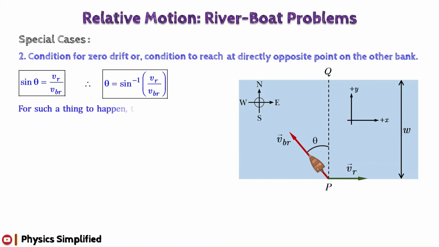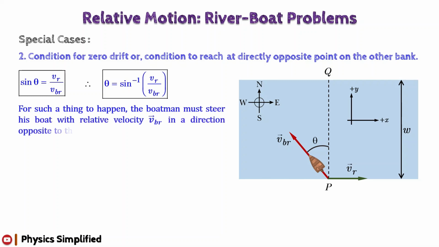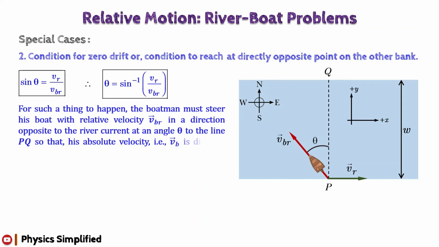When the boatman steers his boat at this given angle theta to the line PQ against the river current with relative velocity vector v_br, then due to the influence of the river current, the absolute velocity of the boatman, vector v_b, becomes directed along the line PQ as shown in the figure.